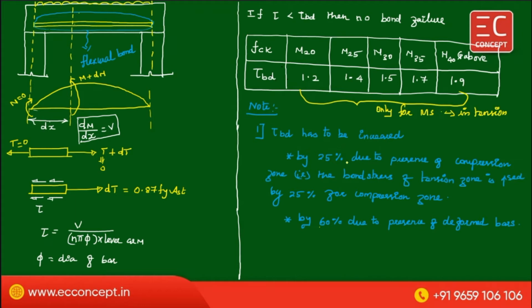But in compression, if you use only for compression, the mild steel, this value will be increased by 25%. But if it is a deformed bar in compression, then this 25% for only the compressive zone and 60% for a deformed case. Therefore, this value into 25% into 60% increment.